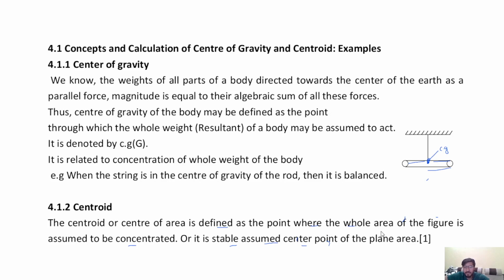Center of gravity considers the weight or mass of the body, whereas centroid considers the area of the body. In centroid, the area is assumed to be concentrated, and the assumed center point of the plane area is known as centroid. This is the point of centroid.